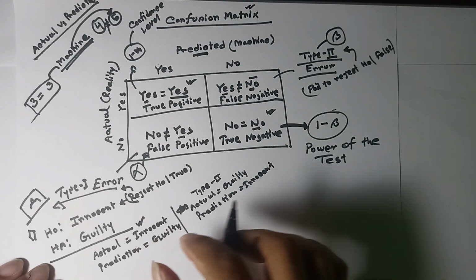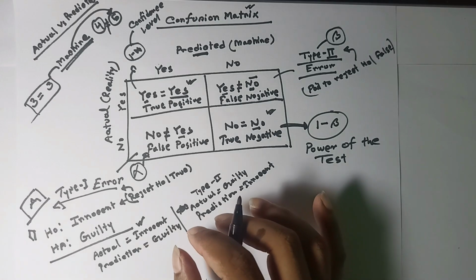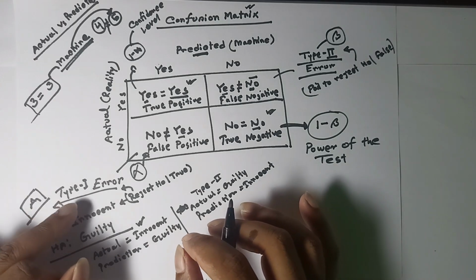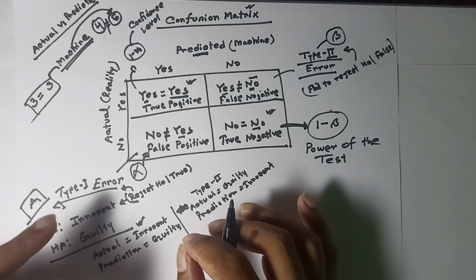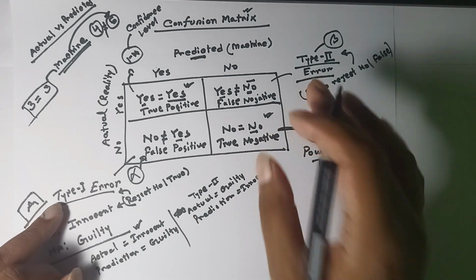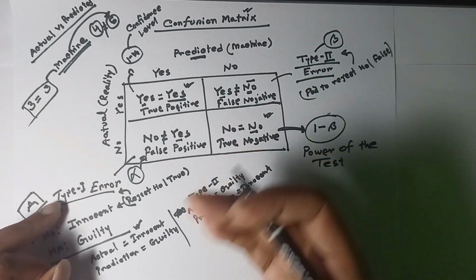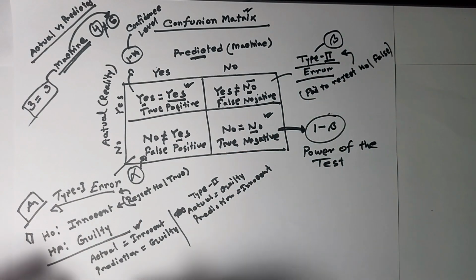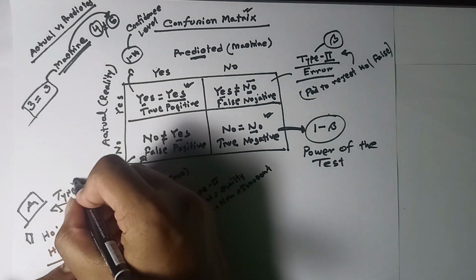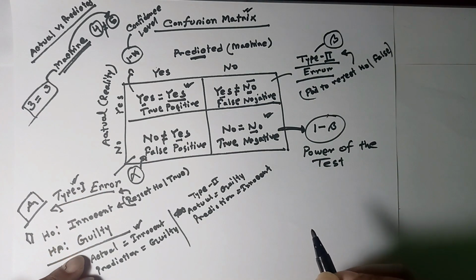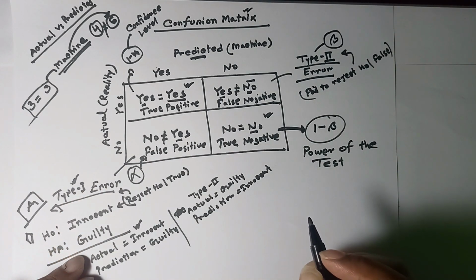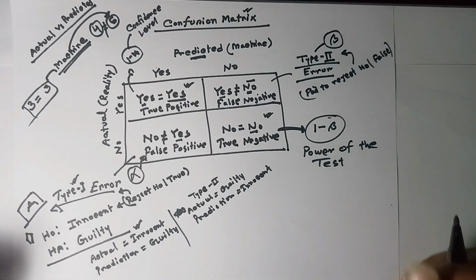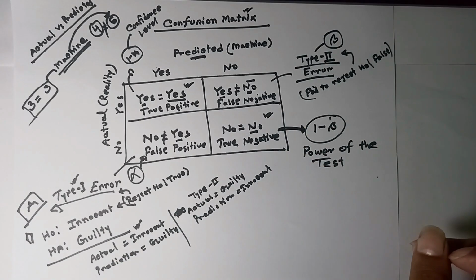Yes, but from that, you cannot always conclude the seriousness of type 1 error and type 2 error. It's all dependent on the different scenarios. In a courtroom trial, yes, you can say that type 1 error is a little bit more dangerous than type 2 error.